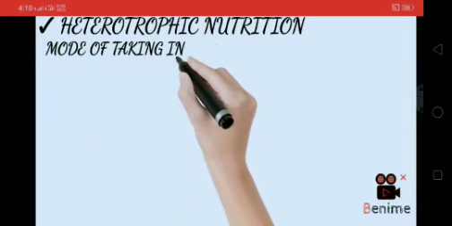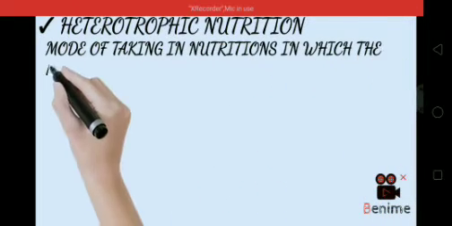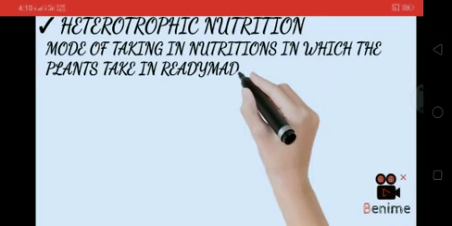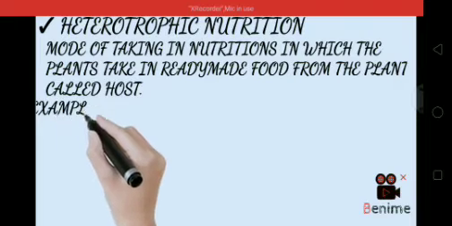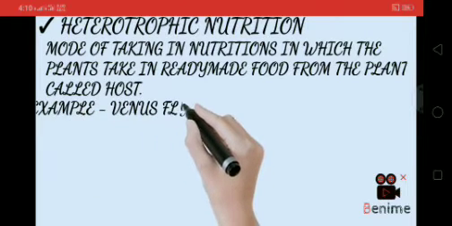So let's go further. The mode of nutrition in which plants take in ready-made food from another plant, the one who is giving the ready-made food, is called the host, and this mode of nutrition is called heterotrophic nutrition.